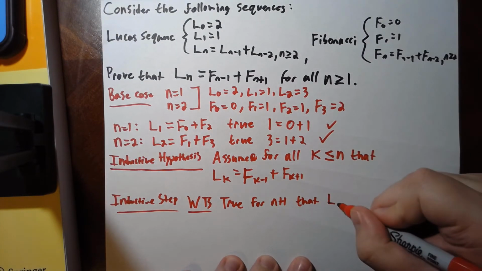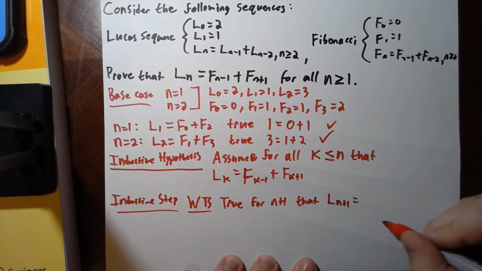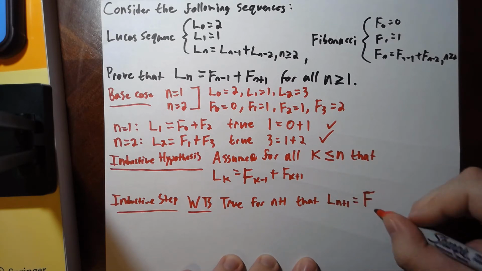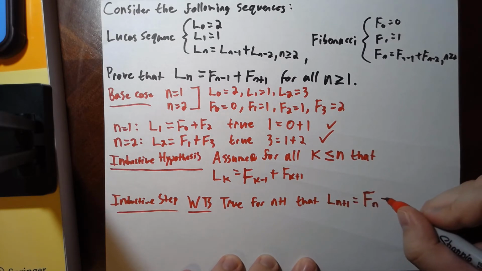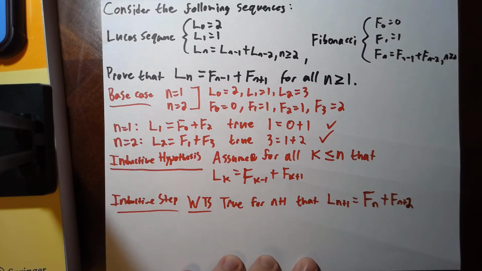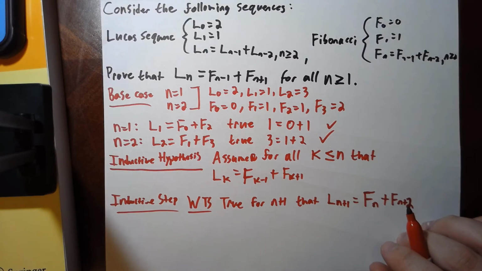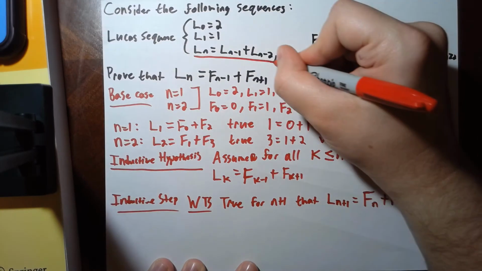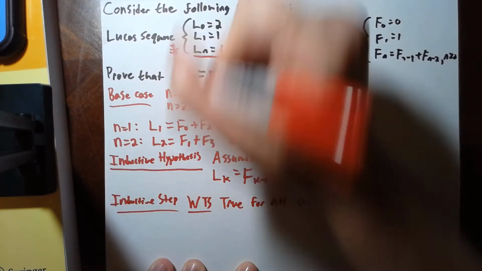That is, we want to show that L of n plus 1 is equal to f of n plus f of n plus 2, since n plus 1 is the index. Here's how we're going to do this. So the idea is we're going to use this here. I'm going to call this star.